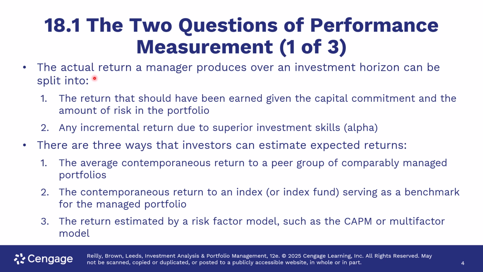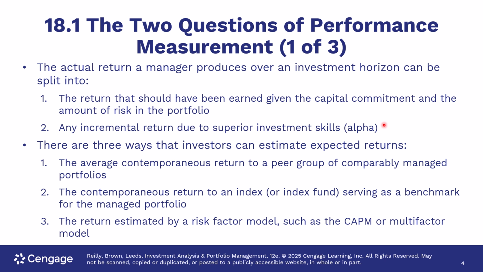So the actual return that an active manager produces over some investment horizon can be split into two things. The return that should have been earned given the risk level of the portfolio, so given the money that was invested and the risk level of the overall portfolio, and an incremental return due to superior investment skills. We will call that alpha. Remember I mentioned alpha earlier in the semester. Alpha is the actual return minus what you expected.